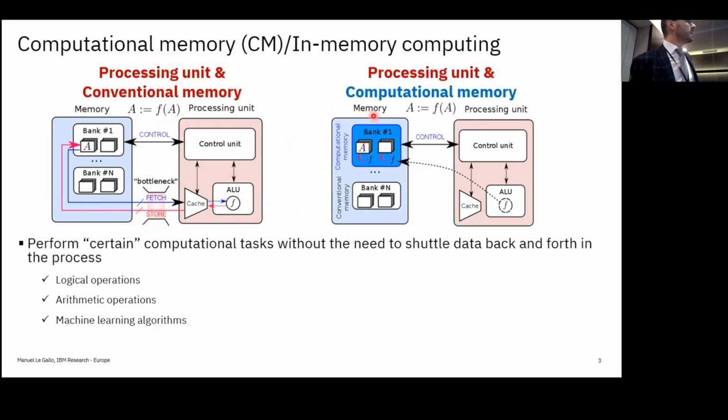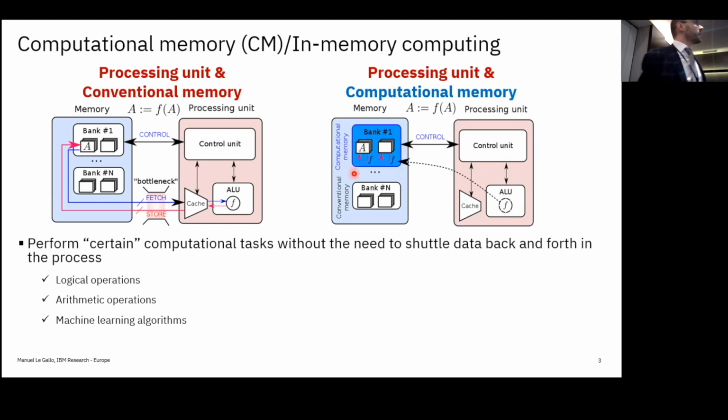If we want to get rid of this bottleneck, we could do the computation directly in the memory, in a so-called computational memory that would be sitting here. And then just by sending an instruction with the processor, we can execute this function f directly in the memory using the analog properties of the memory devices.